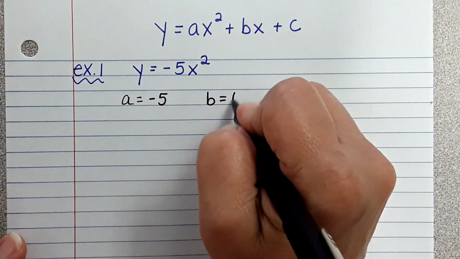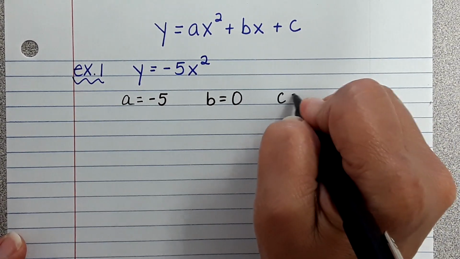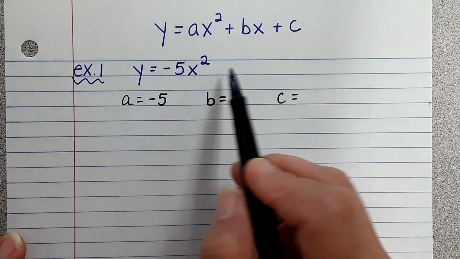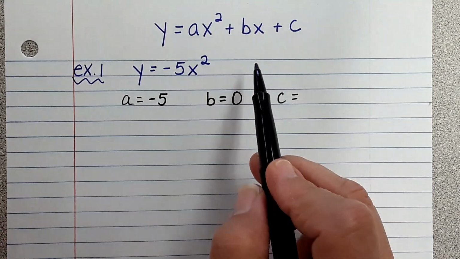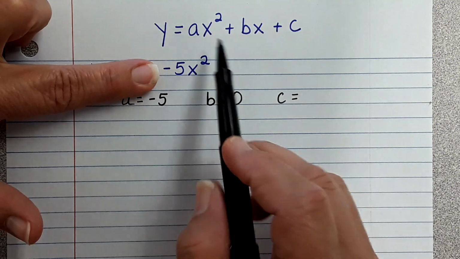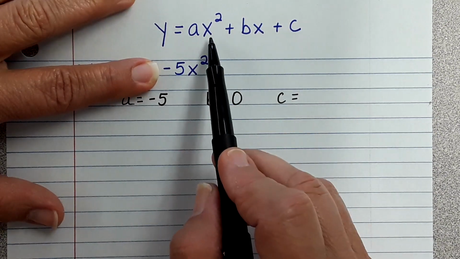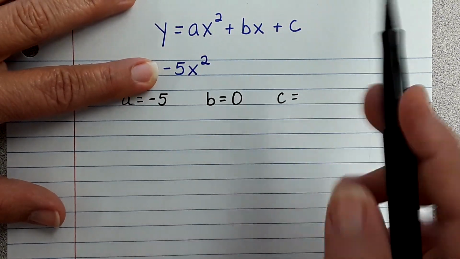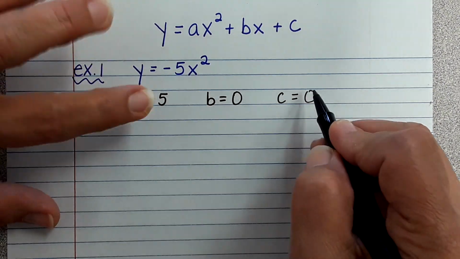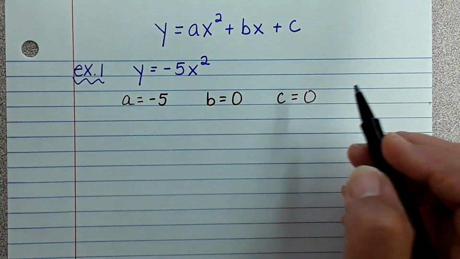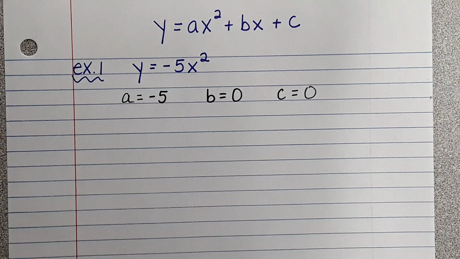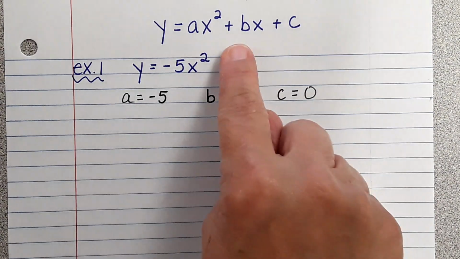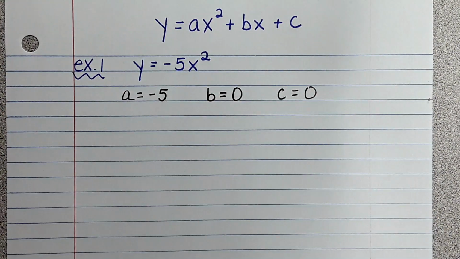So that means it's 0. And what is my C? Do you see a C term? You guys, y is never going to play a role in it. So you're just looking at this side. I only see an x squared term. So that means A is -5, B is 0, C is 0. Again, that's because these other 2 terms were not here.